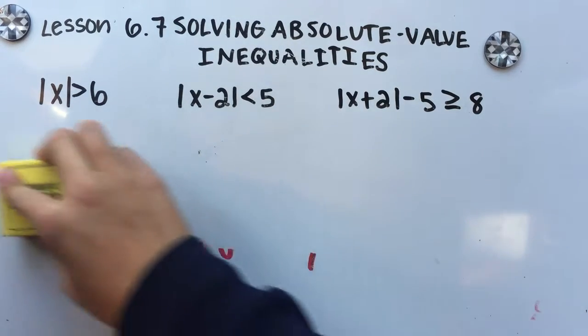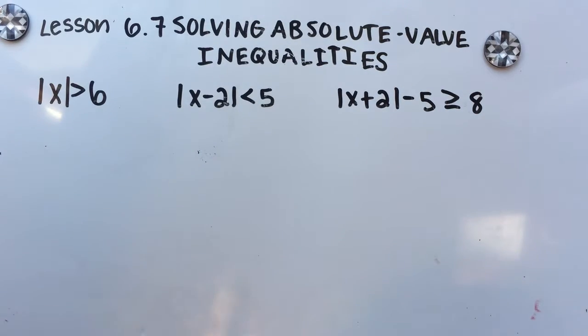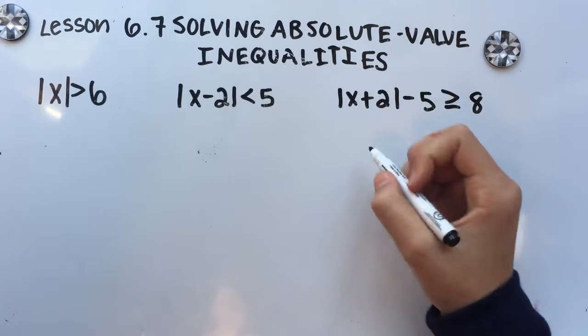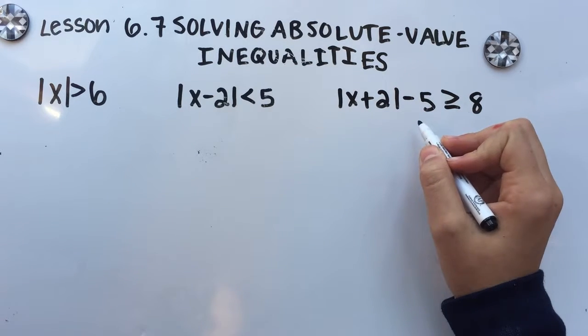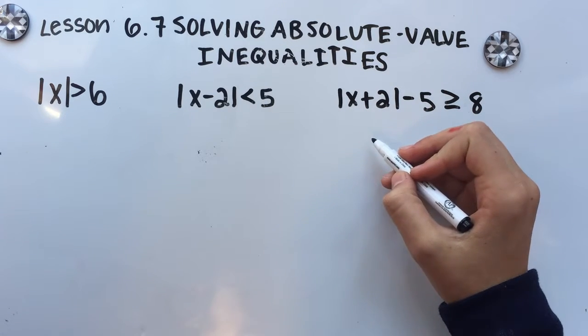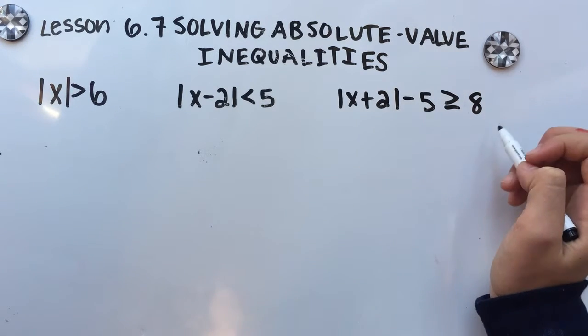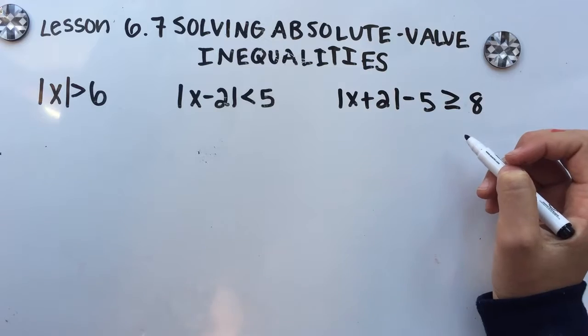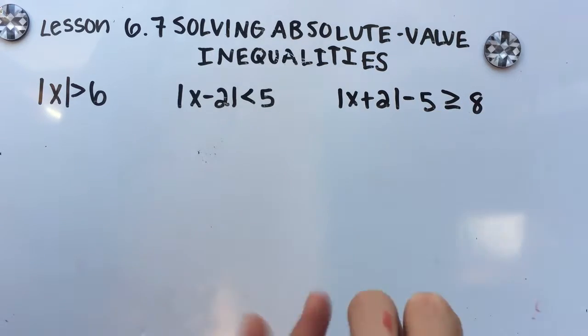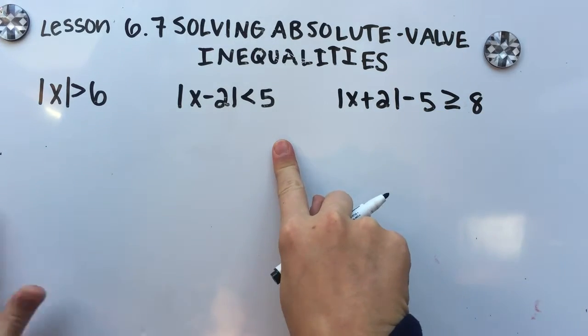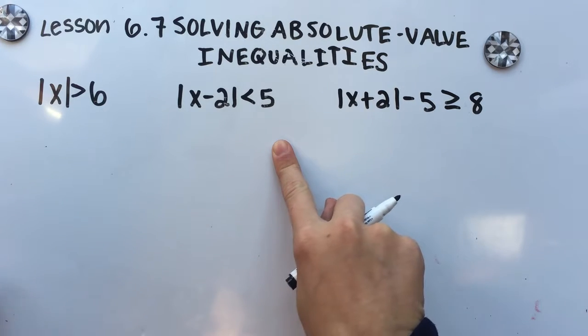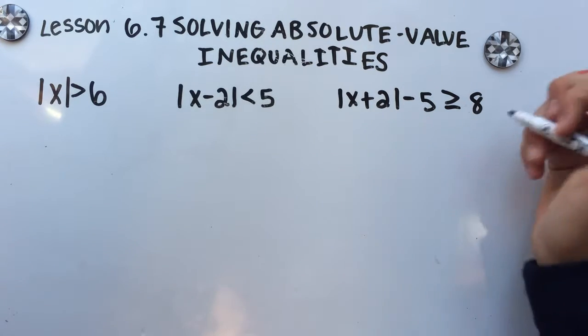So now we have our final inequality, which is the absolute value of x plus 2, minus 5, is greater than or equal to 8. For this one, first we can figure out if it's an and or an or.